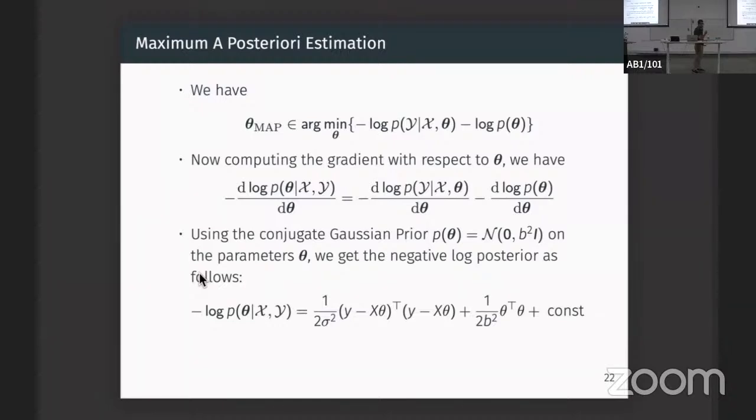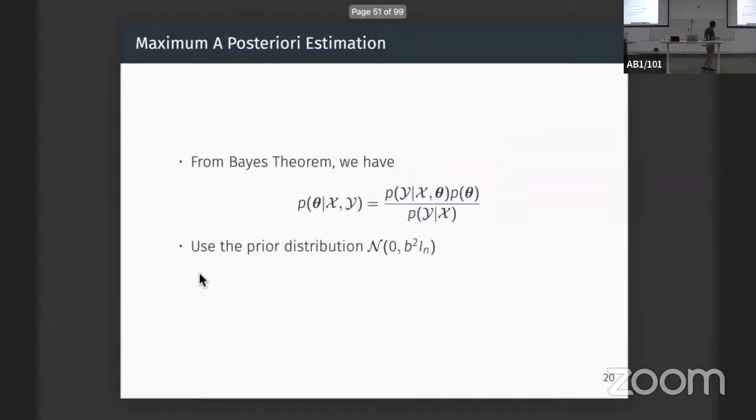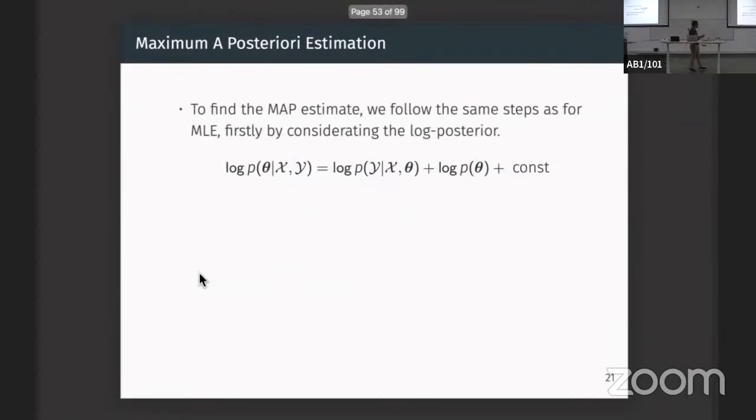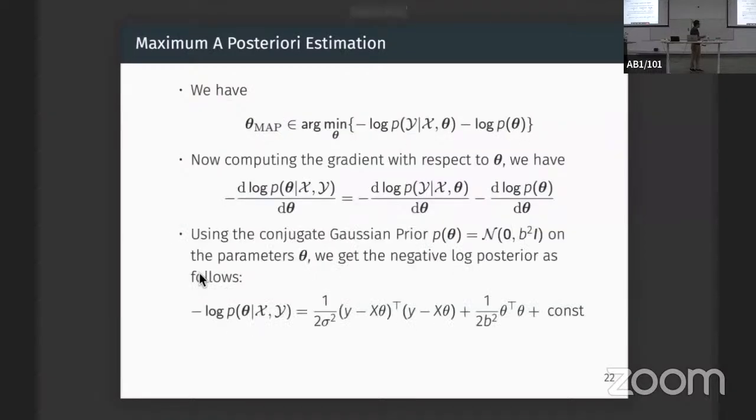The prior is normally distributed with mean 0 and covariance b squared times the identity matrix. Correspondingly, if you fit in the formula I showed from the Wikipedia page, the loss function is the summation of yi minus yi hat squared plus 1 over 2b squared theta transpose theta.